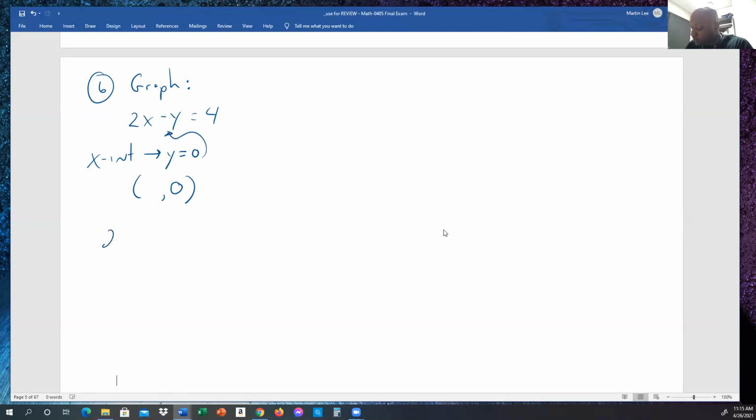So this is going to give me 2x minus 0 equals 4, which is just 2x equals 4. Divide both sides by 2, and we get x is equal to 2. So now I'll put this up here.